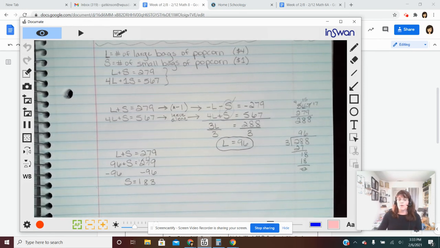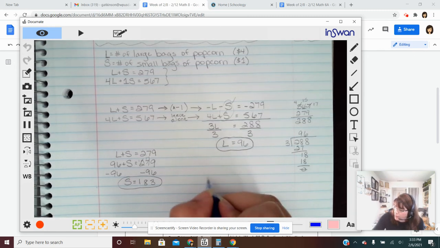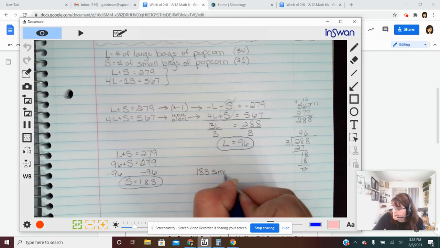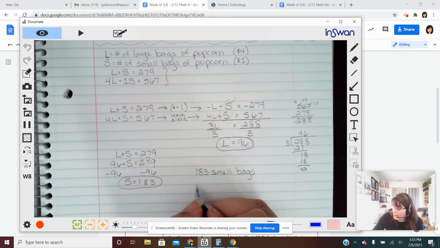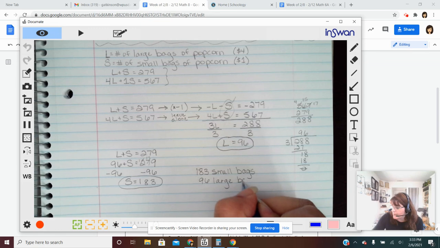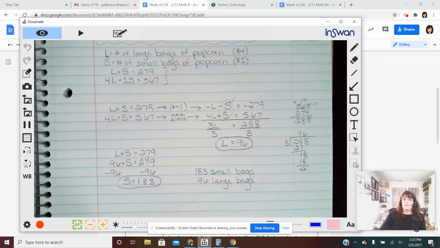Okay, so according to this problem, 183 small bags, 96 large bags is what was sold at the movie theater.